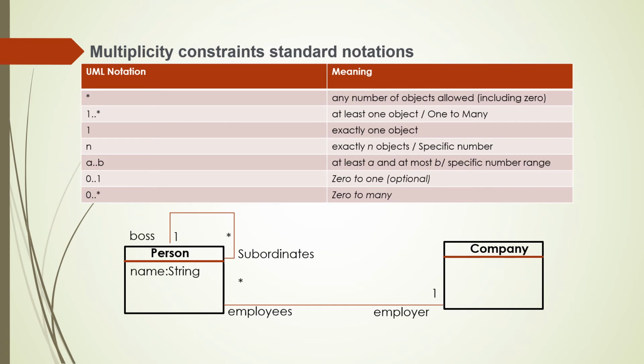N represents exactly N objects, a specific number. A to B means at least A and at most B, so it is a specific number range. 0 to 1 is optional. 0 to asterisk is 0 to many.